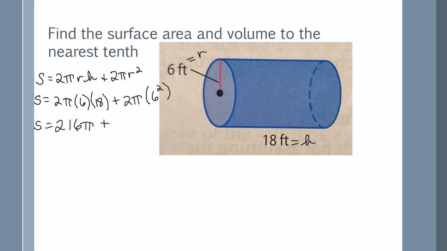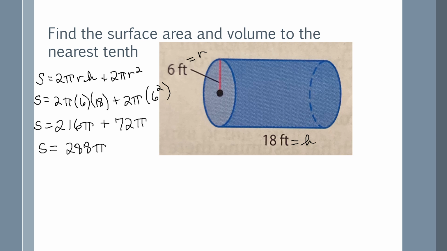Plus 6 squared is 36 times 2 is 72 pi. Now here's a little trick to cut down on the amount you have to type into the calculator. I can add 216 plus 72. I've got 288. So the surface area in terms of pi is 288 pi.